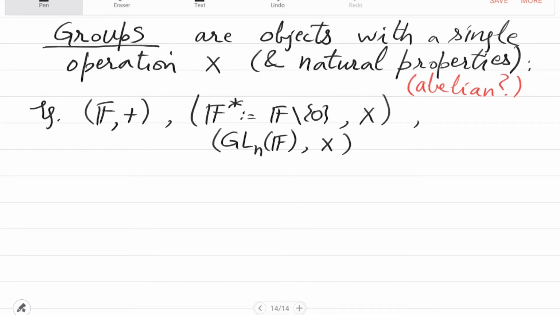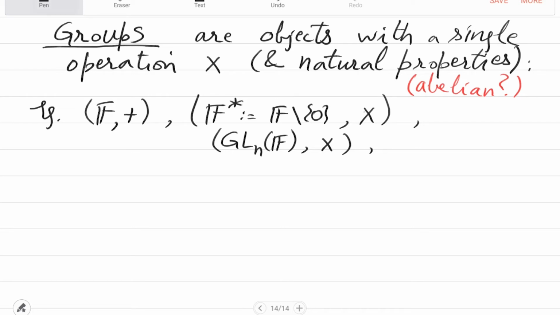So what does GLn stand for? GL stands for general linear group of n by n matrices, entries coming from the field F. Since these are all invertible matrices, it's a group under multiplication.